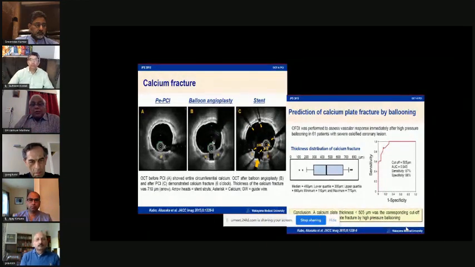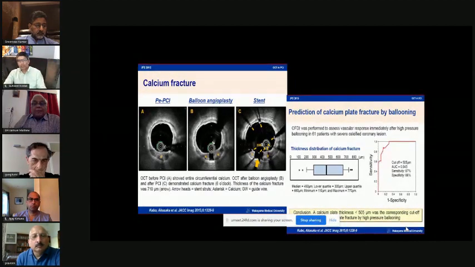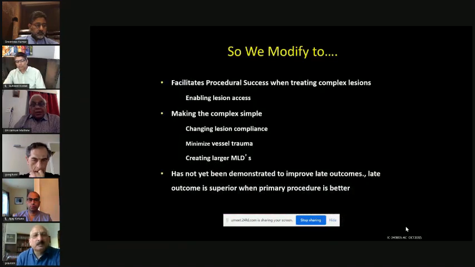This slide is familiar to all of you, that the thickness of the calcium is very important. If the thickness is more than 500 microns, we have to have some other technology to address it before we get an optimal result. Today, the technology has totally changed. We have moved away from total debulking.